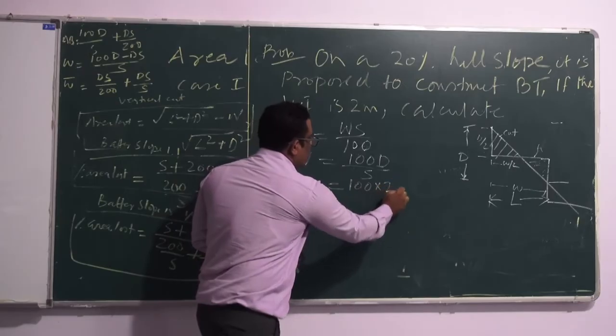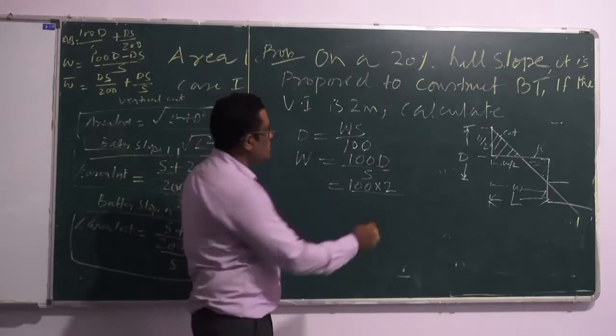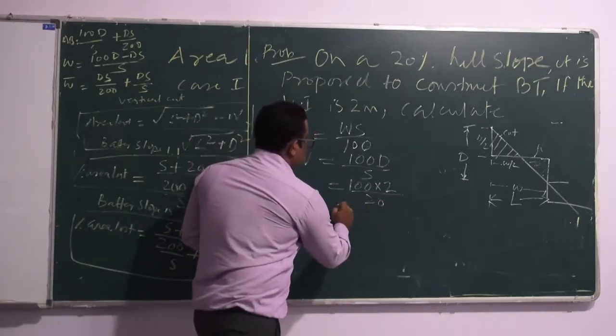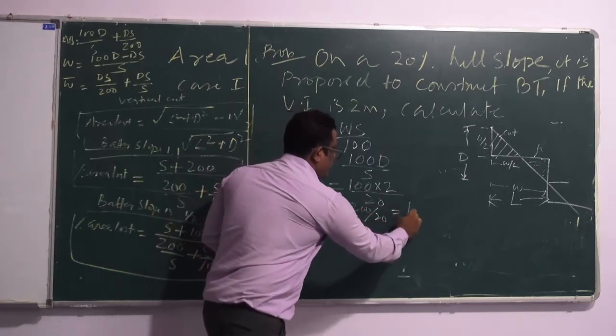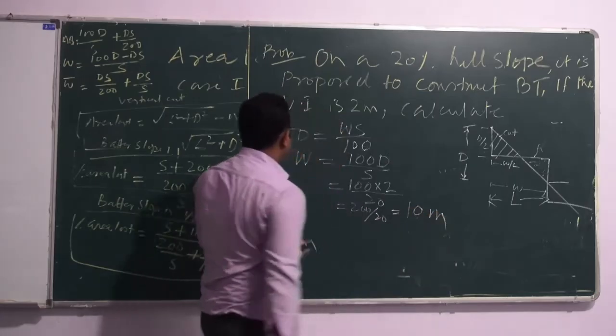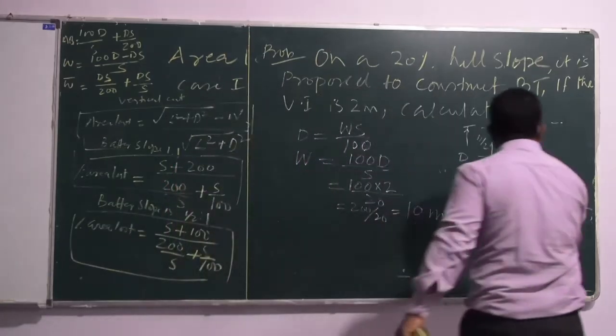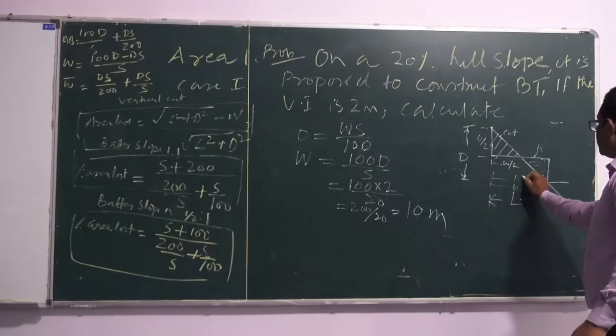D is 2 meter, and what is S? S is 20. So this will be 200 by 20, it will be 10 meters. So the width of this terrace is 10 meters.